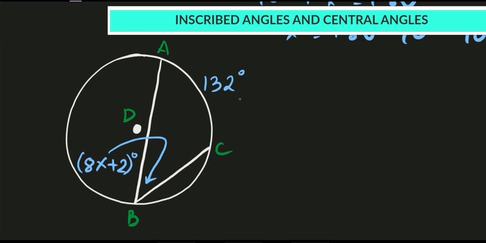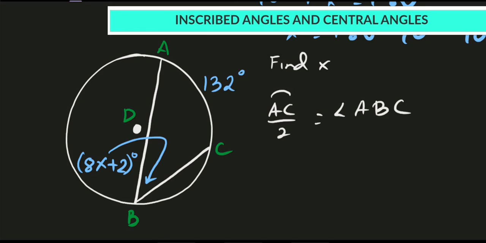We're asked to solve for the value of x. Therefore, arc AC divided by 2 is equal to angle ABC. Since arc AC is 132 degrees, let's divide this by 2 and equate this value to the degree of ABC, and that is 8x plus 2.